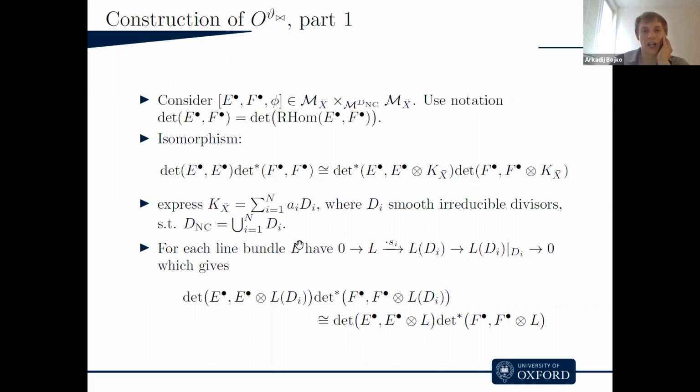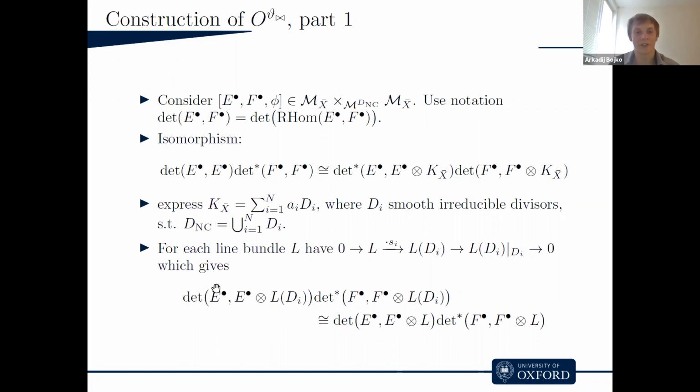So consider a line bundle L, then one has this standard short exact sequence from algebraic geometry, where S_i is multiplication by the section of the line bundle associated to the divisor D_i, and this is really the line bundle restricted to the divisor D_i.